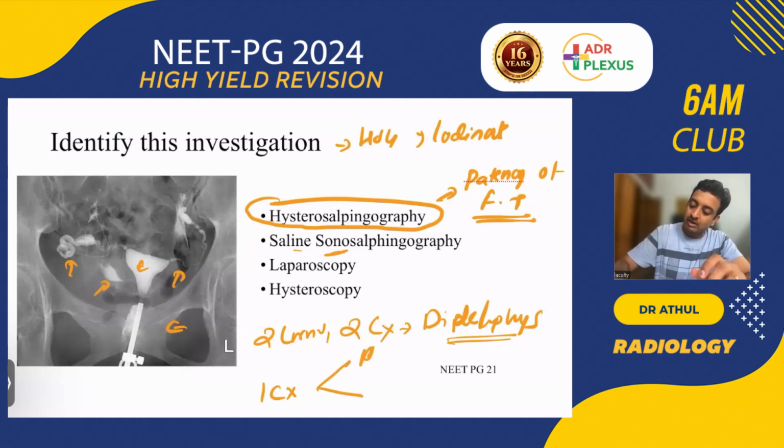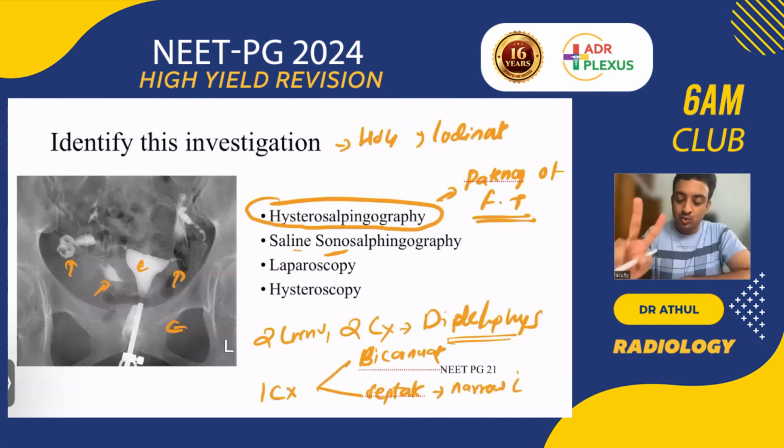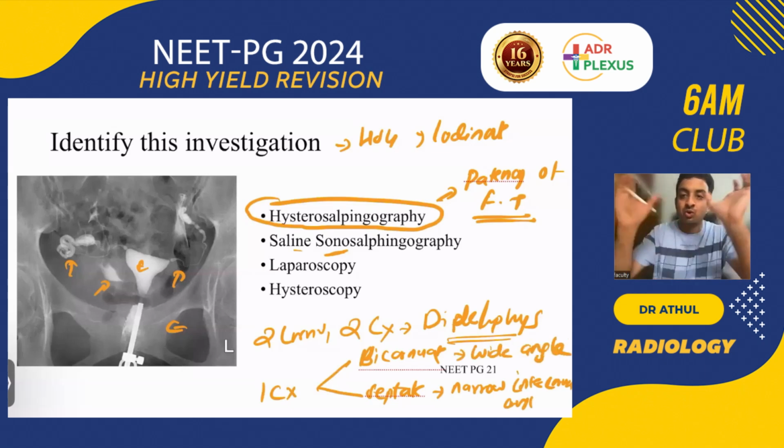Septate will have a narrow intercornual angle. See the images, okay? Bicornuate uterus will have a wide angle. That is how you differentiate between these two things. If you are having 2 cornua, two horns and 2 cervixes, then it is uterine didelphys. Don't make that mistake, okay? Don't make it wrong.